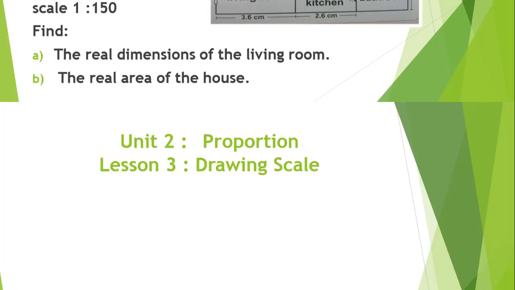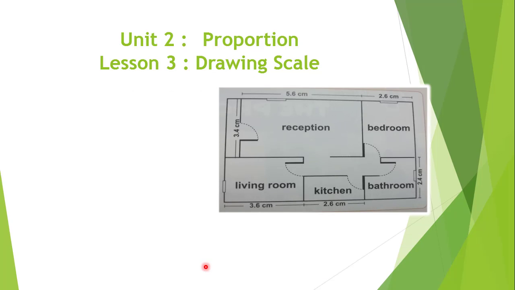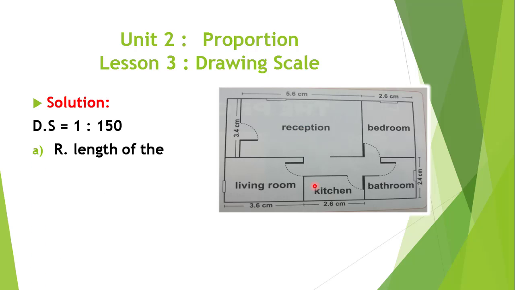Okay, let's start. Don't forget the drawing scale is 1 to 150. I want the real dimensions of the living room. This is the living room. Okay, the real length equal drawing length over drawing scale.